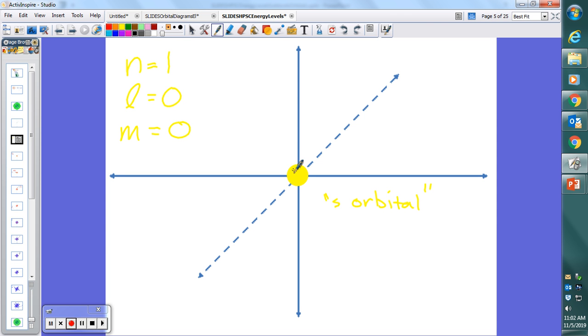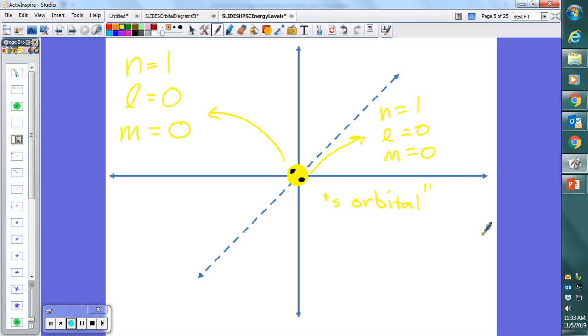So I'm going to draw a dot here to represent one electron, and a dot here to represent that electron. Each of these electrons is in exactly the same orbital, so the first 3 quantum numbers are exactly the same.